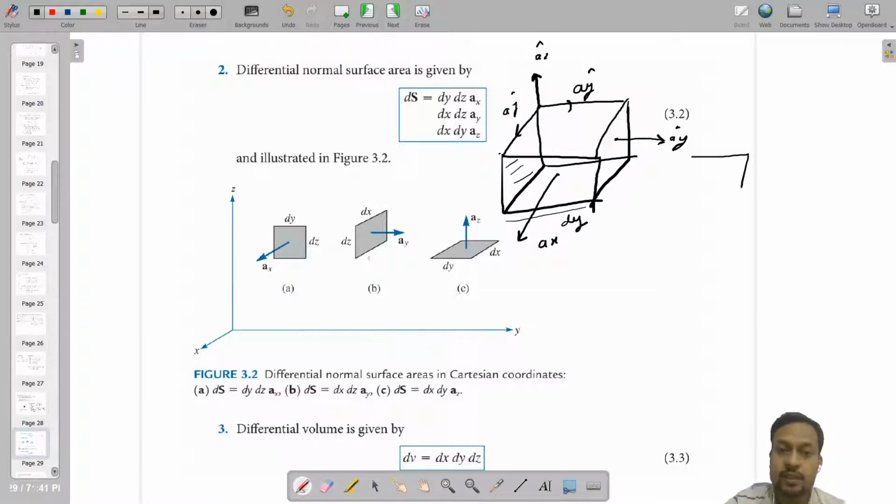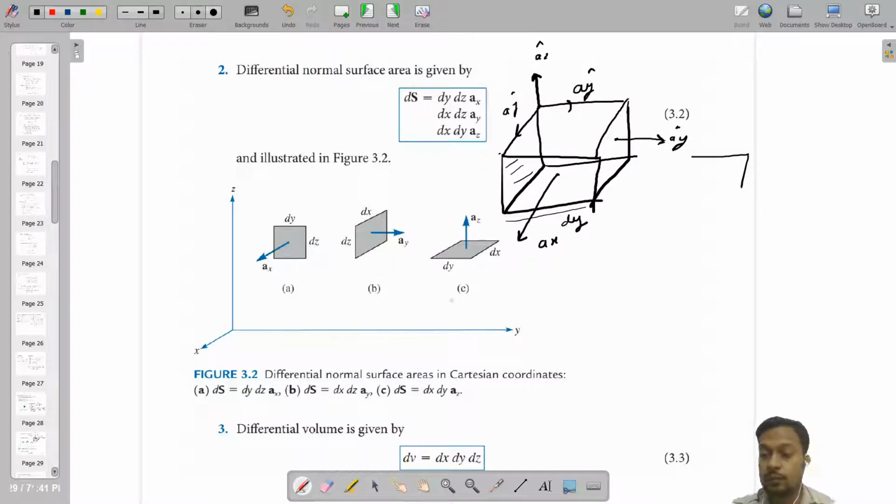And for the az direction we have only two variable lengths, dy and dx. Therefore, the surfaces along all three directions are dy dz along ax, dx dz along ay, and dx dy along az. So these are the three differential surfaces which can be written in the Cartesian coordinate system.